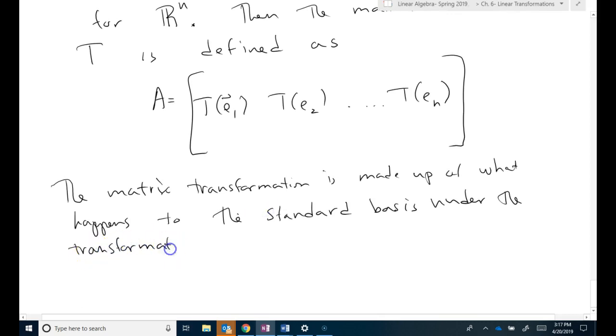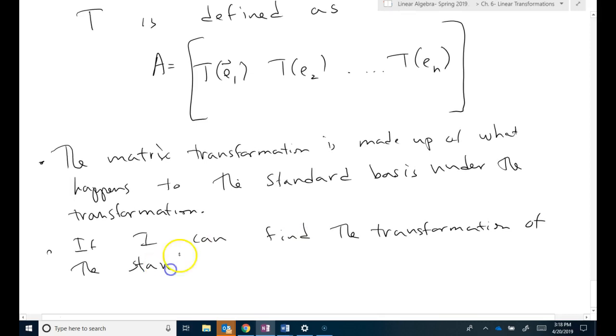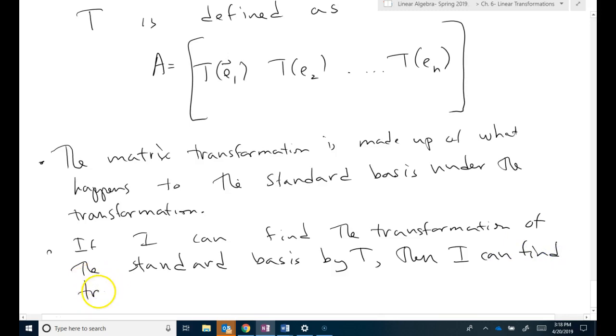And what that means is, if I can find the transformation of the standard basis by T, then I can find the matrix of the transformation.